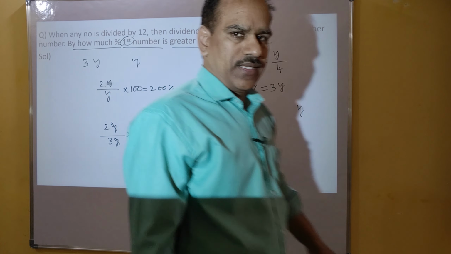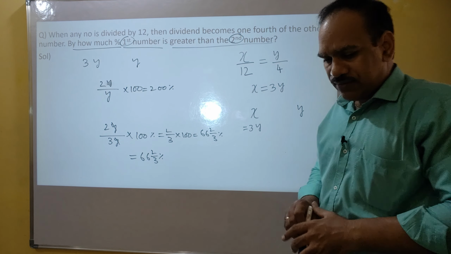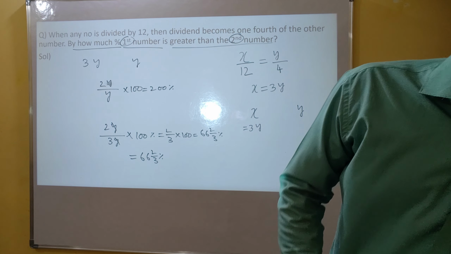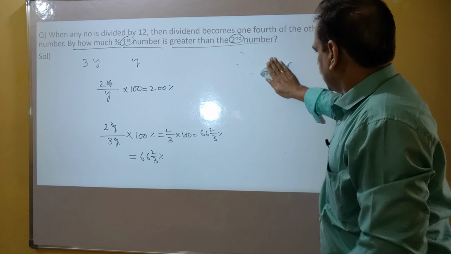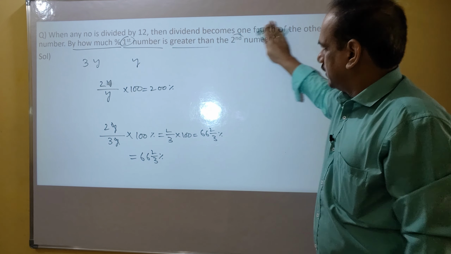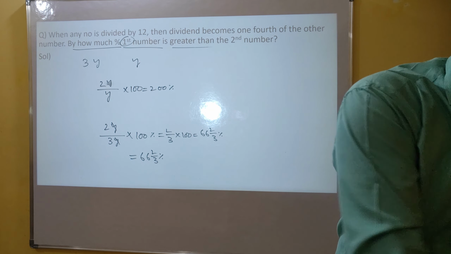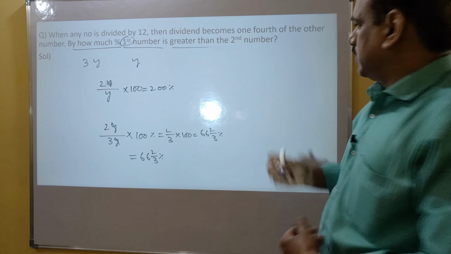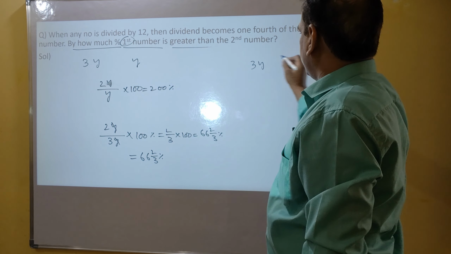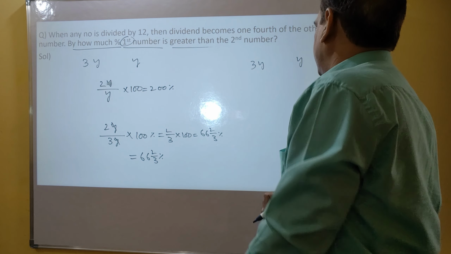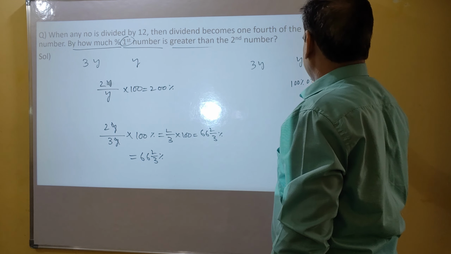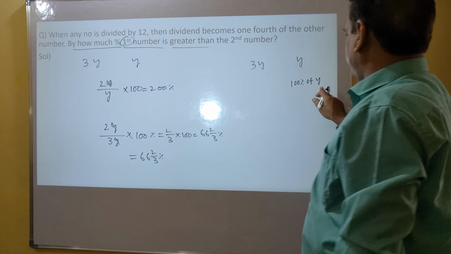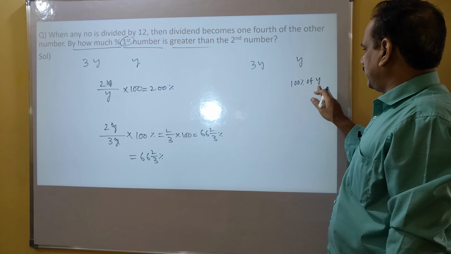And you can also do the same problem in another way. After finding this relation, you have two numbers, 3y and y. So what is y? Y is 100% of y. 100 by 100, 1 into y.